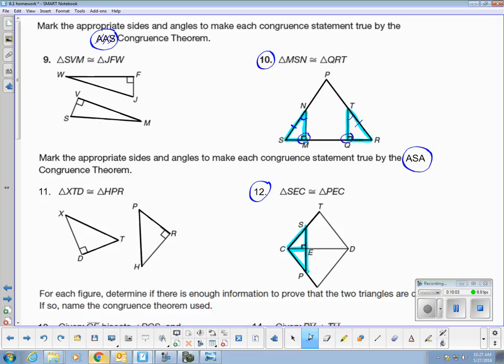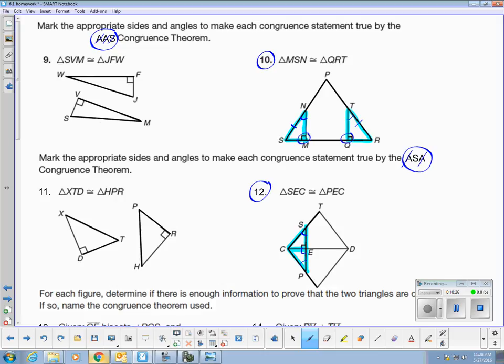I notice we already have one pair of angles right here. So I'm going to place a mark at angle CSE and a mark at angle CPE. And now I have my 2 angles.